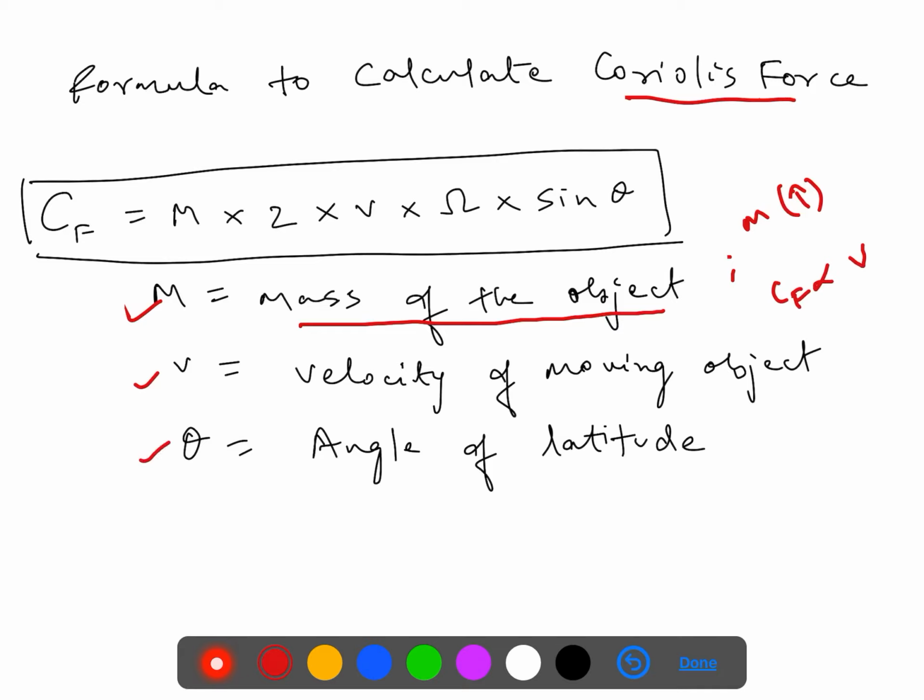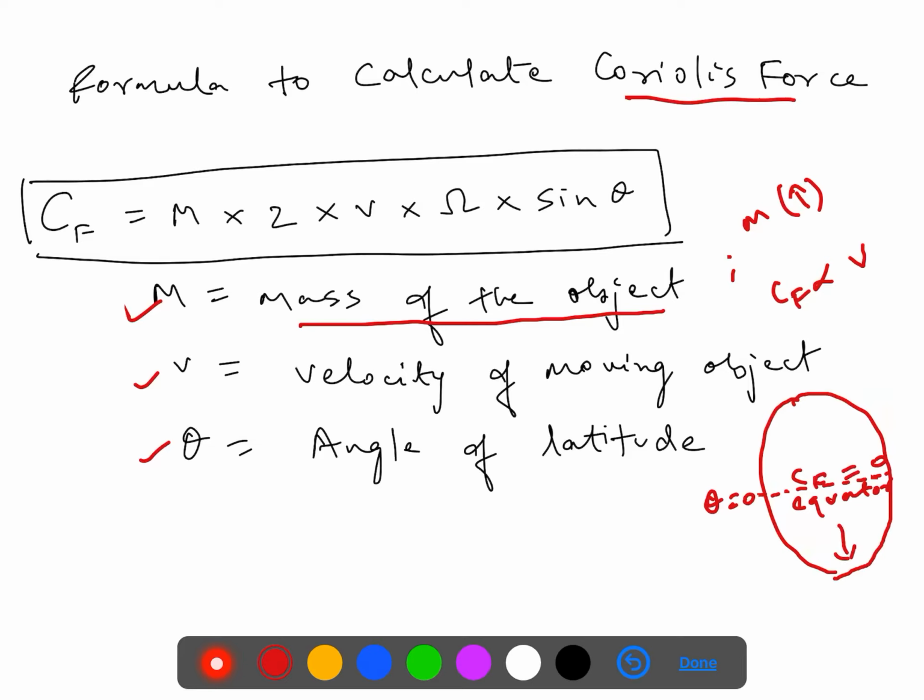The angle of latitude basically deals with the consequences of the Coriolis effect on the position on the Earth's surface. If theta is 0, that means at the equator, the Coriolis effect would be what? It is also 0, the minimum.